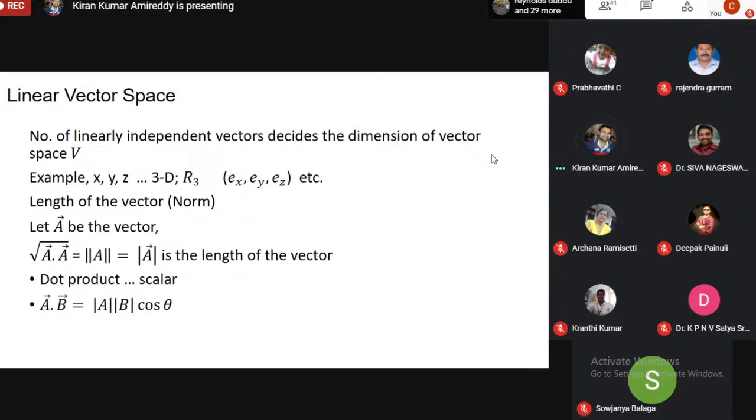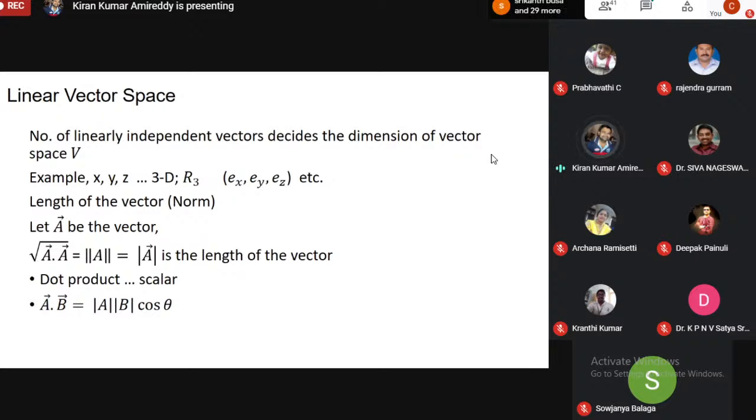The basis has to span the space, and it has to be independent. It need not be an orthogonal system. It can be anything.